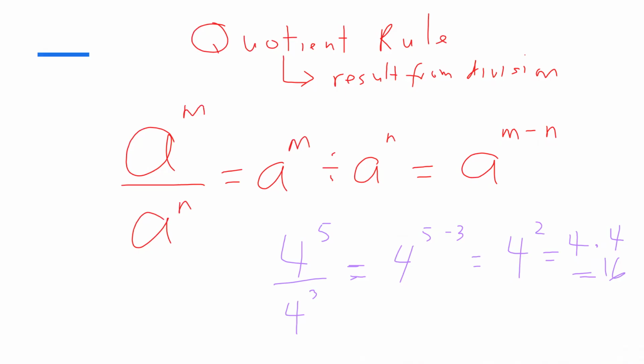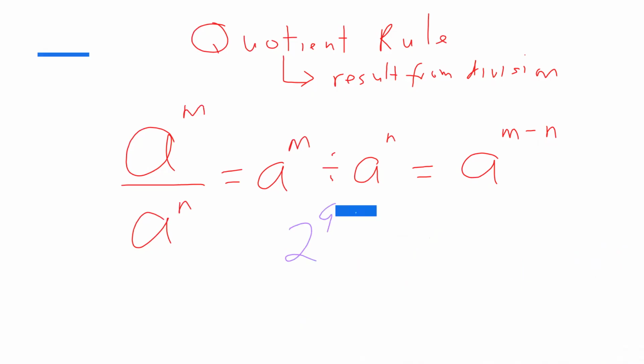Okay, another one. Let's say that we've got 2 to the power 9 divided by 2 to the power negative 2. Again, the same rule applies: 2 to the power 9 minus negative 2.